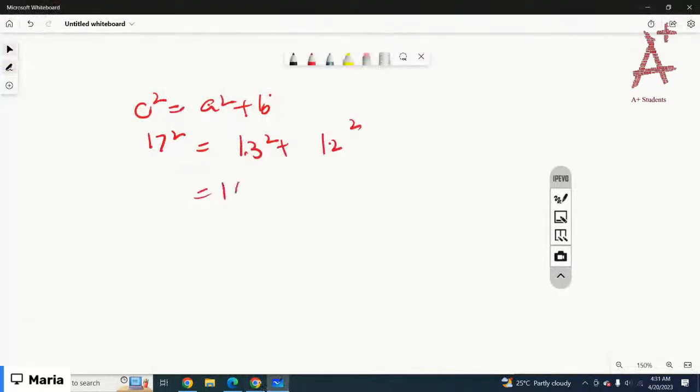So here you have 169 plus 144, which is 313. Just add them and see if they are equal. 17 square is 289, and 169 plus 144 is 313. No, they are not equal. That means again this is not a right angle triangle. Got it?